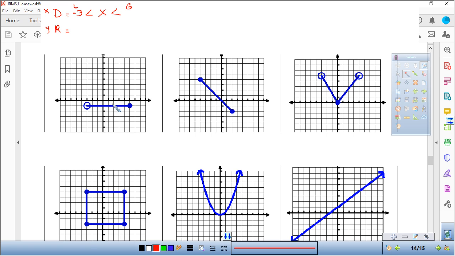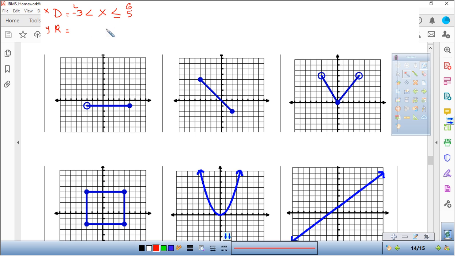Furthest right would be 1, 2, 3, 4, 5. This one is included, so I'll underline it. That means less than or equal. X is less than or equal to 5. Now, if you think about this, all my x values are less than or equal to 5, but greater than -3. This one's not included, so we're going to leave it open like that.